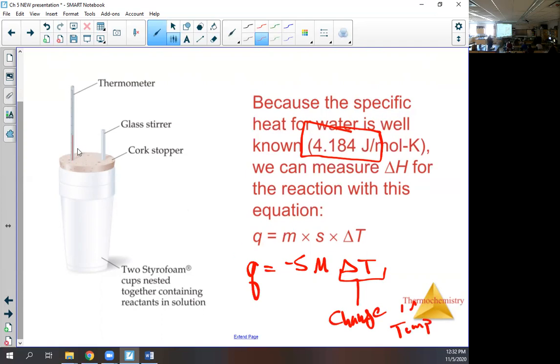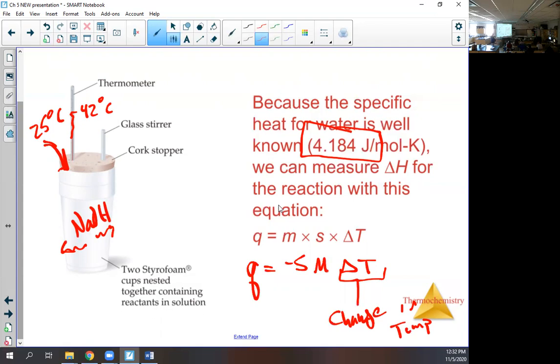So we'll say before I add anything, it's at room temperature, 25 degrees Celsius. Then I add my NaOH and it dissolves, and this goes up to 42. So then my delta T, it would have gained 17. Now I would know that's exothermic, right?